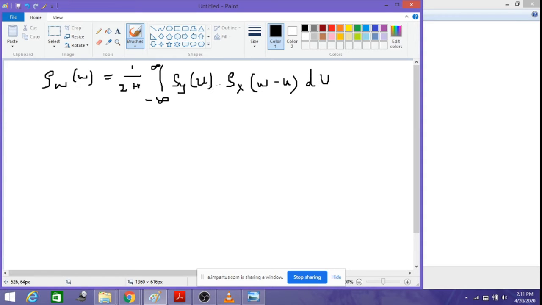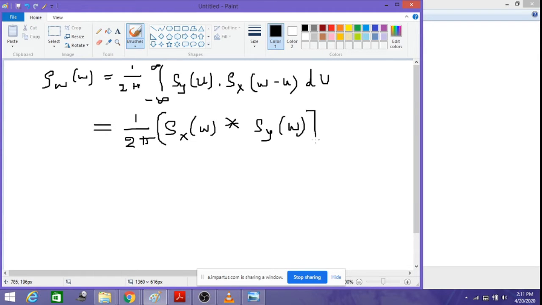Now this looks like a convolution integral equation. So this is finally written as 1 by 2 pi into, this is S_Y of u, or we can just write this as S_X of omega convolution, and convolution is represented by star, so S_X of omega convolution with S_Y of omega.